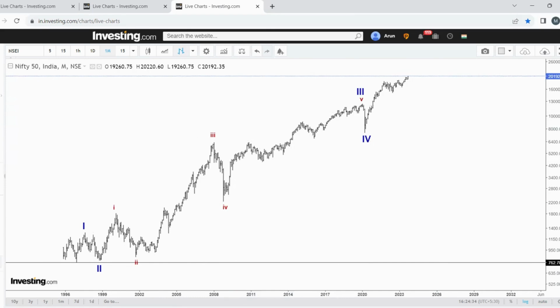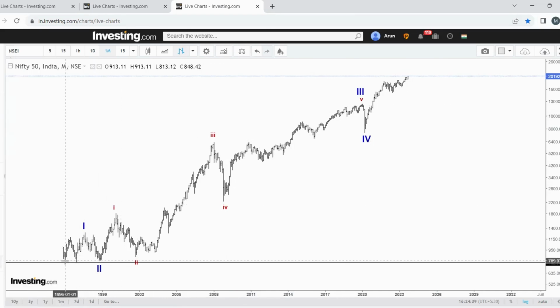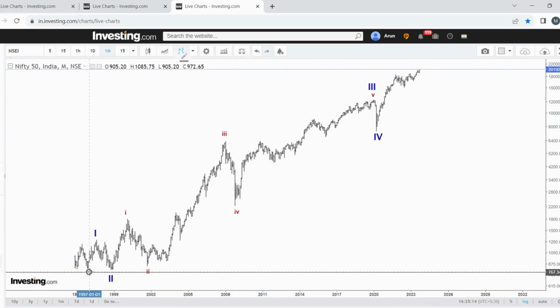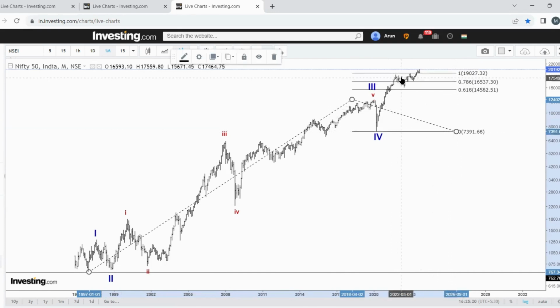So far, how much distance we have reached in wave 5? Same analysis. So wave 1 to 3 distance and taking from wave 4 low. We covered almost 100%, a 19,000 zone, and we are still moving.